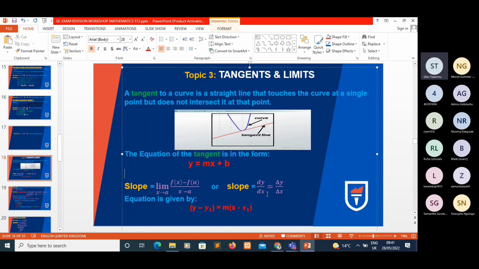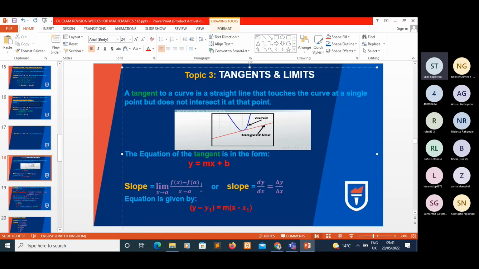So you should also know how to calculate the slope of a tangent line. You can calculate the slope using the limit concept. You can simply use this formula, the limit where x approaches a certain value, a point at which the tangent is touching the equation. So we can say f(x) minus f(a) over x minus a.